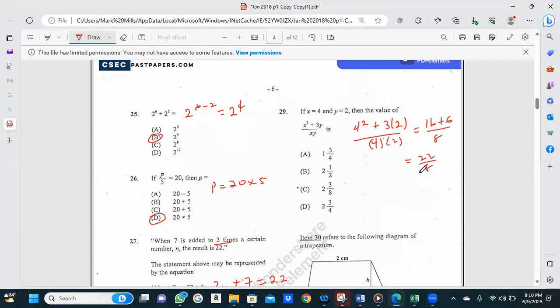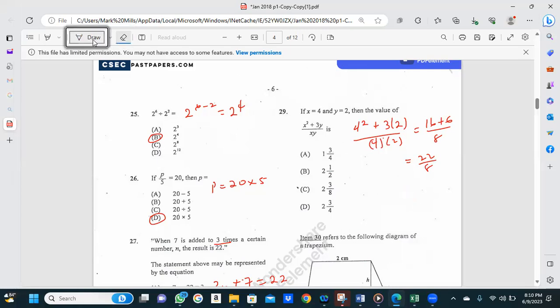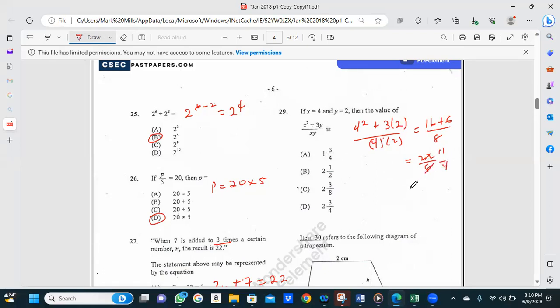When I break this one down, we can break it down first, right? So 2 goes into 22, 11 times, and 2 goes into 8, 4 times.